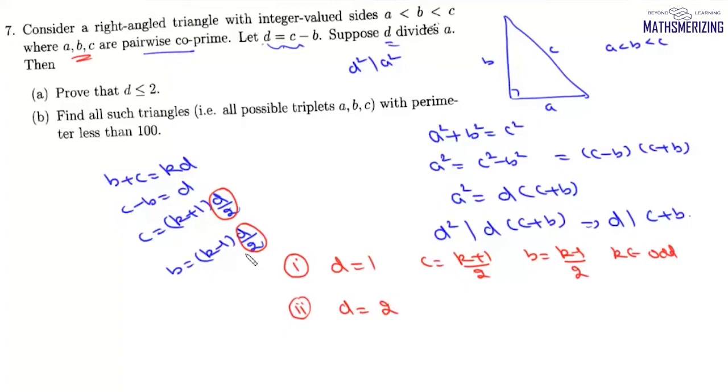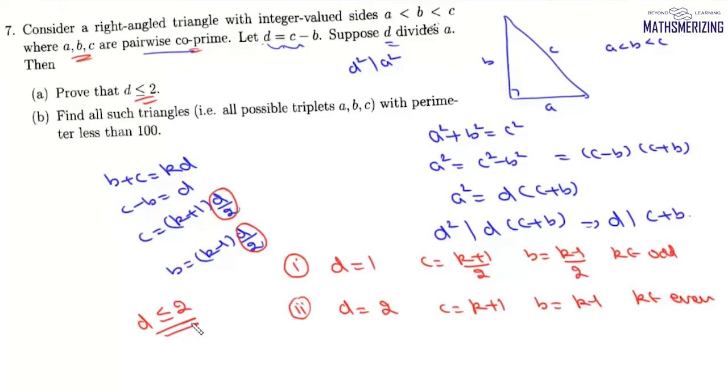So if the value of d is 2, in that case we'll have c as k plus 1 and we'll have b as k minus 1, and in this case, k must be an even number. Now if d is greater than 2, in that case b and c cannot be co-prime. So that means the only possible values of d in this case are 1 and 2. So we can say that this d should be less than or equal to 2.